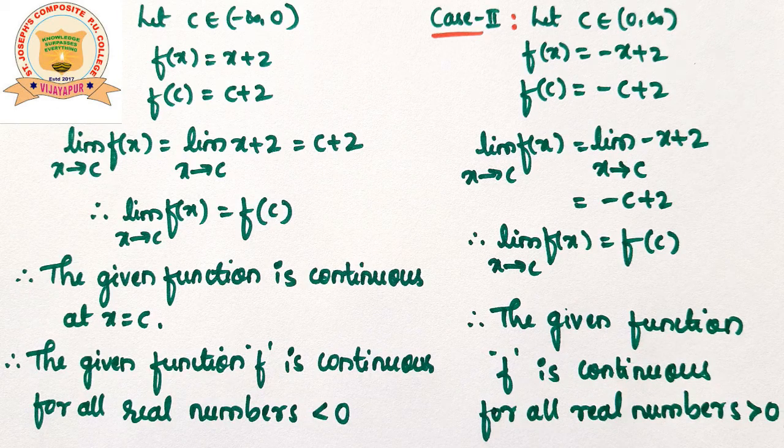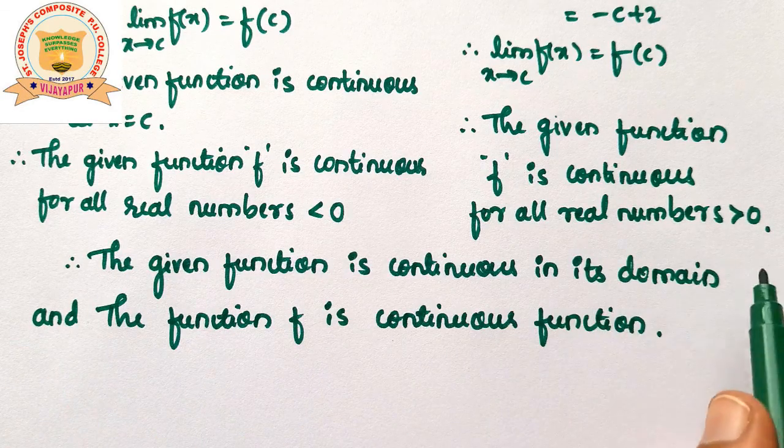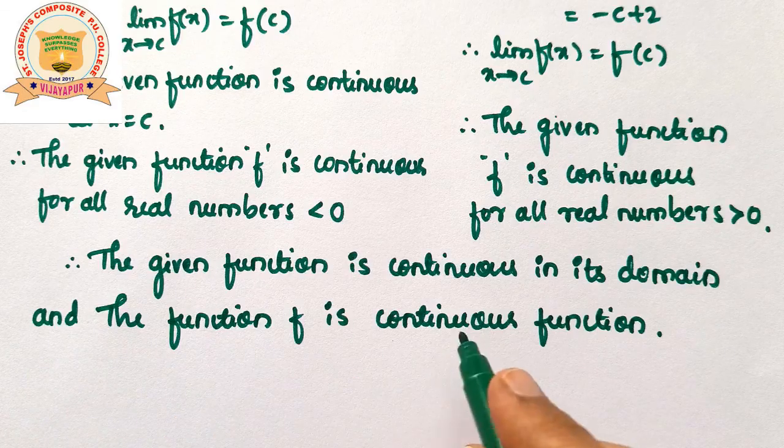The function is only defined for all the real numbers less than 0 and greater than 0. For all these points in the domain, the function is continuous. No need to check the continuity of the given function at x equal to 0. And we conclude that the given function is continuous for all the real numbers where the function is defined. Therefore, the given function is continuous in its domain and the function is said to be a continuous function.